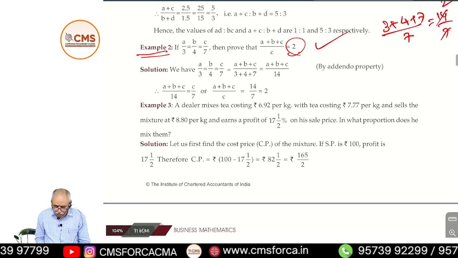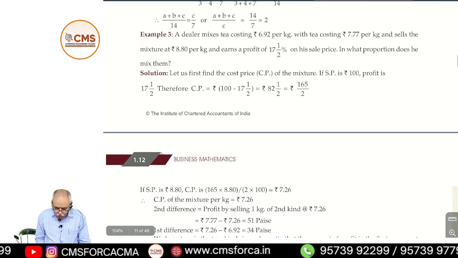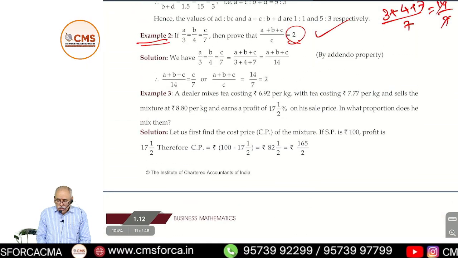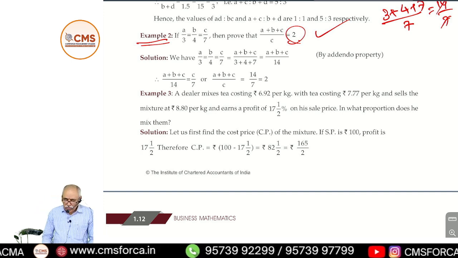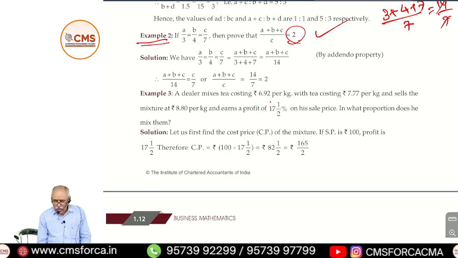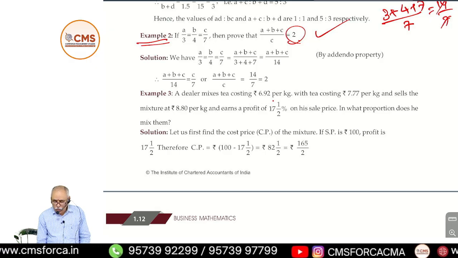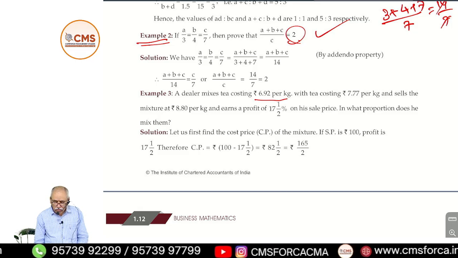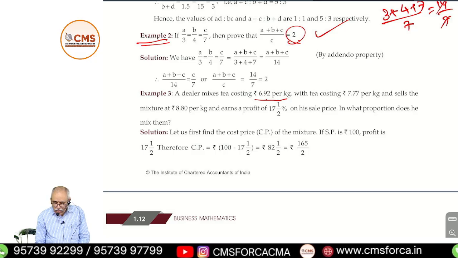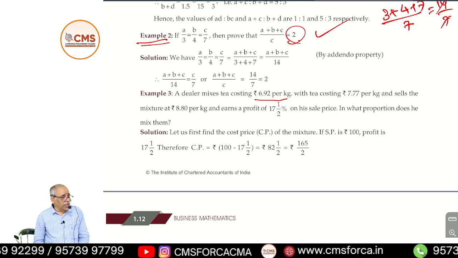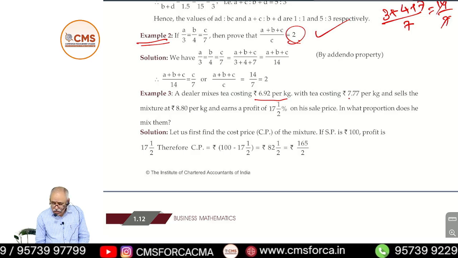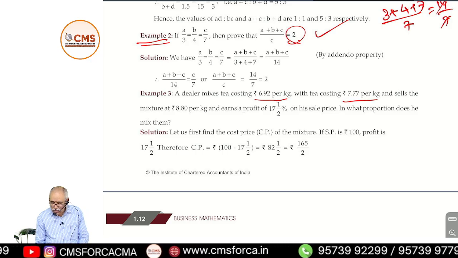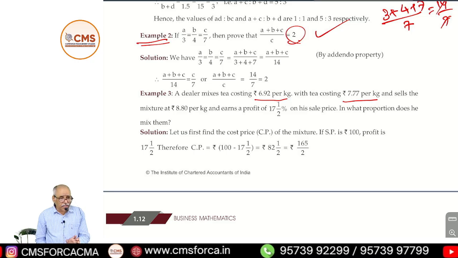This is the cost price and selling price model. Let us see this problem also. See here what is given. A dealer mixes tea costing 6 rupees 92 paisa per kg with tea costing 7 rupees 77 paisa per kg and sells the mixture at 8 rupees 80 paisa per kg and earns a profit of 17.5% on his sale price. In what proportion does he mix them?